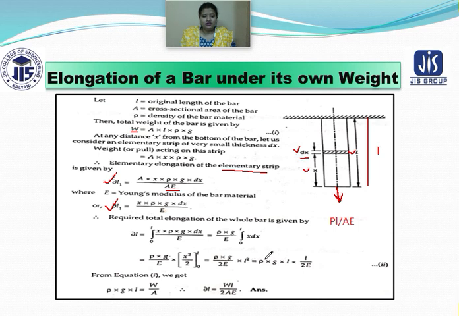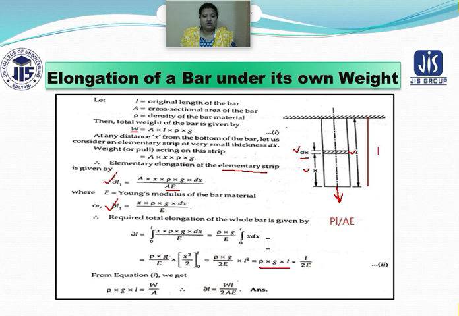So what is the final equation you are getting? That is rho into G into L, rho into G into L into L by 2E if you break it. Rho into G into L is also termed as W by A. From where have I got this?